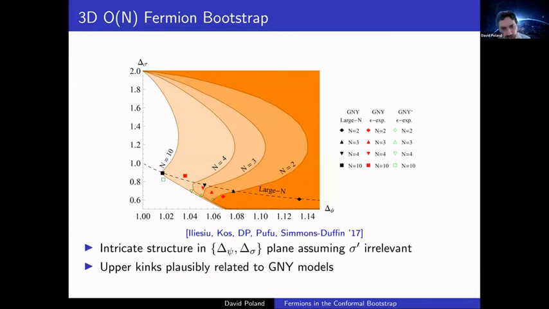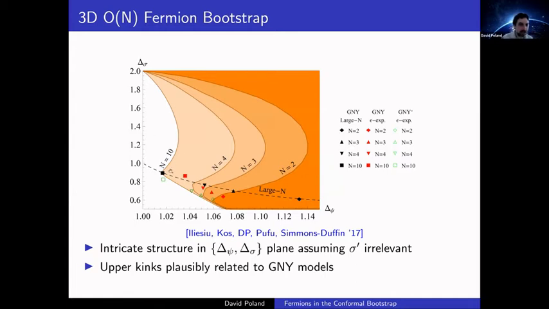You can also get an interesting exclusion plot in the delta psi, delta sigma plane, where if you assume the sigma prime operator is irrelevant, larger than 3, then you carve out these really interesting lower bounds, which have a wave-like structure.